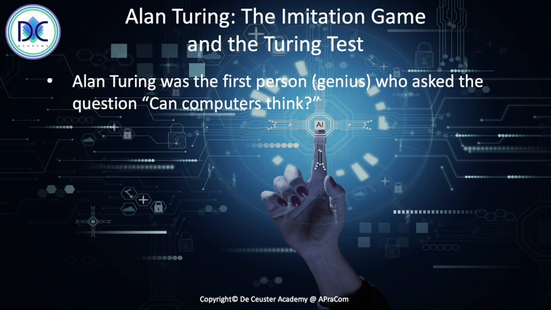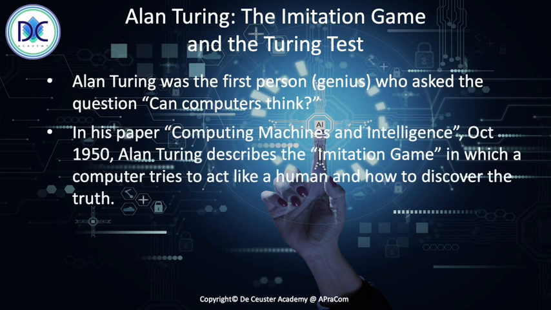In his paper, Computing Machinery and Intelligence, completed in October 1950, Alan Turing describes the imitation game, where the computer tries to act like a human, and how we can discover the truth. Is this a computer or is this a human?